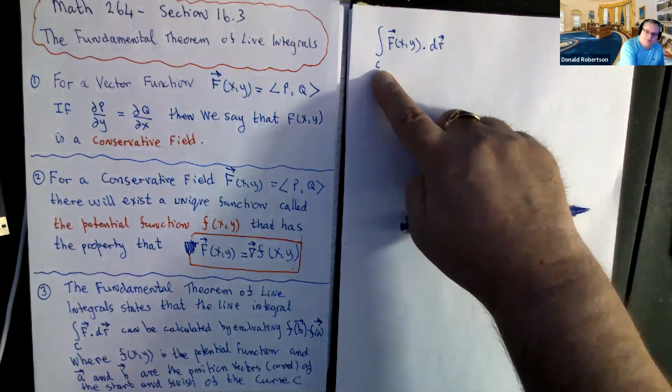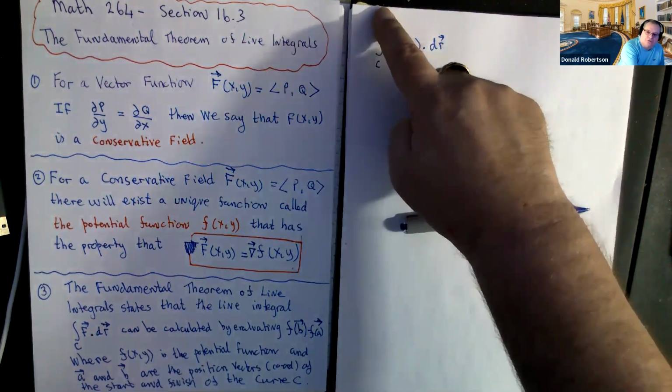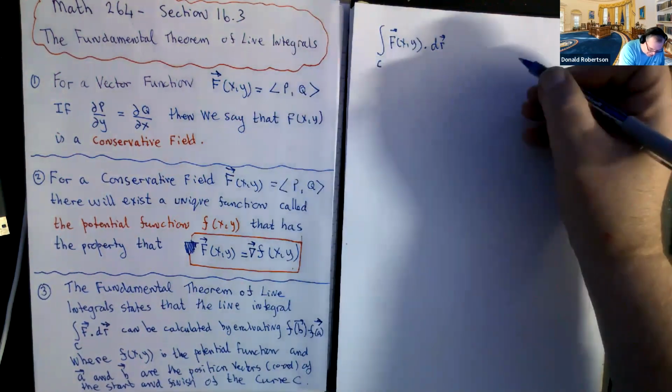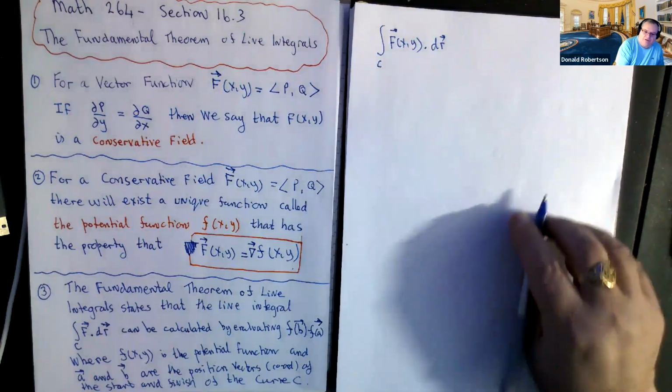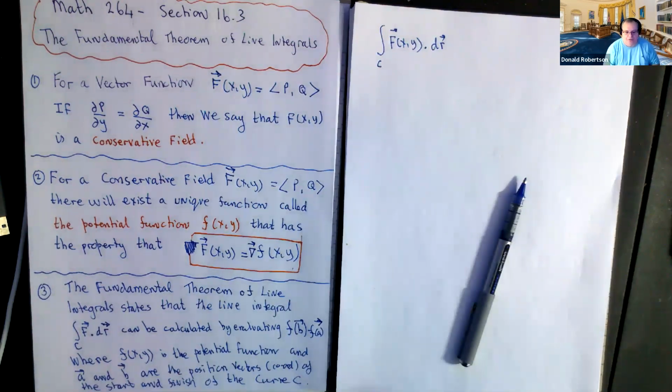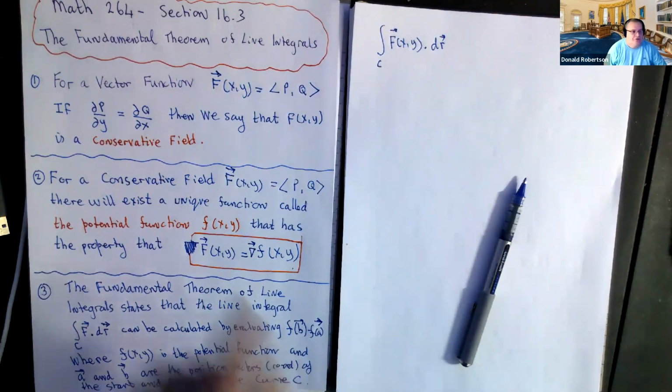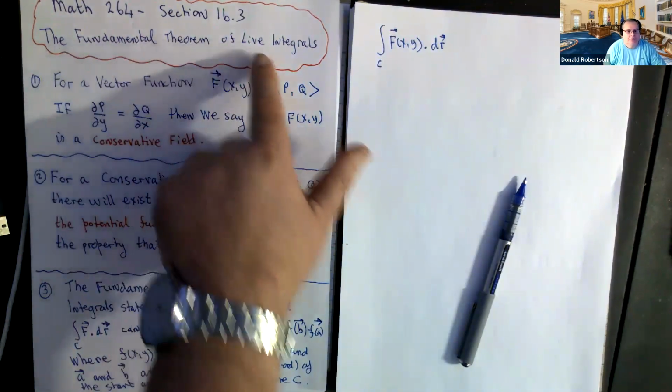You start at t equals a to t equals b, and then dr essentially became r prime of t. So you have to differentiate x with respect to t and y with respect to t, and it was a big long integral, and it would be nice if there was a better, more efficient way of doing it. And this is essentially what we have here.